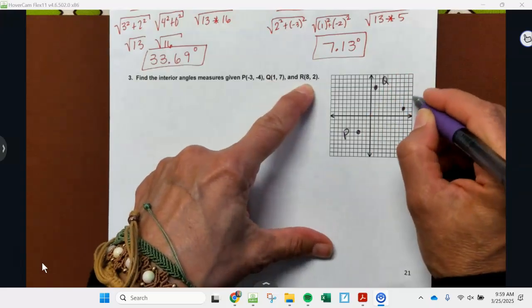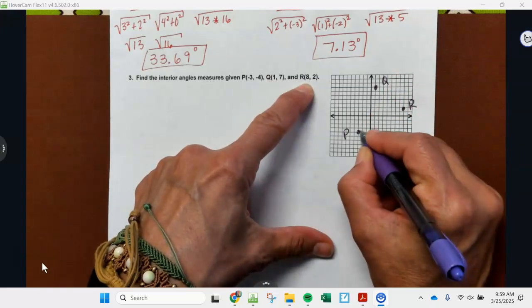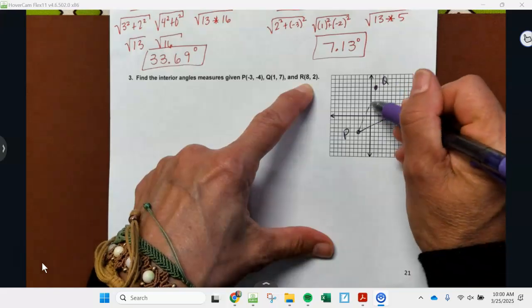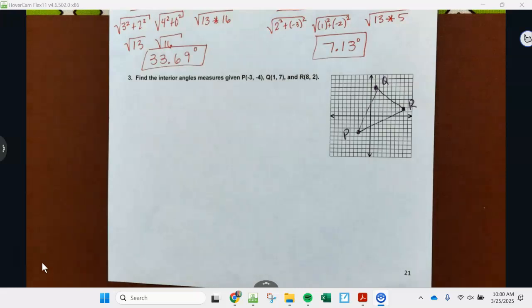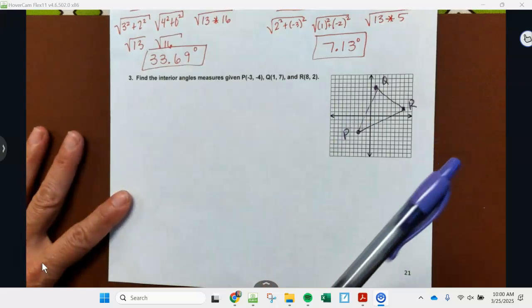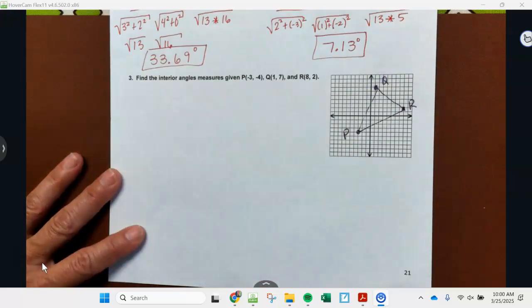All right, so there's 3 vectors here. And the directions are asking what the interior angles are as they intersect. So we have 3 interior angles because we have 3 vectors that intersect.